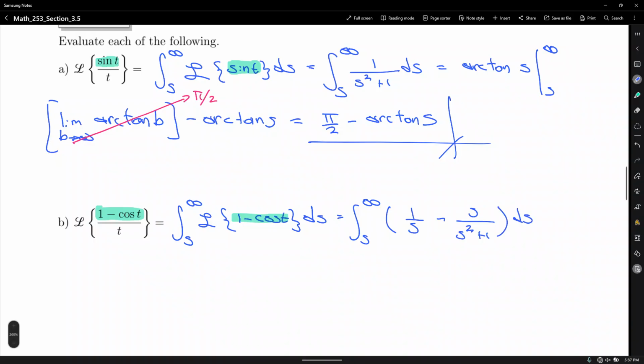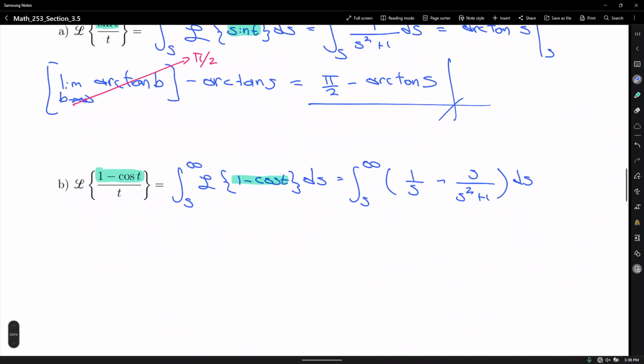Let's split it into two integrals to make this easier. That is the integral of 1 over s from s to infinity with respect to s, minus the integral of s over s squared plus 1 ds from s to infinity.